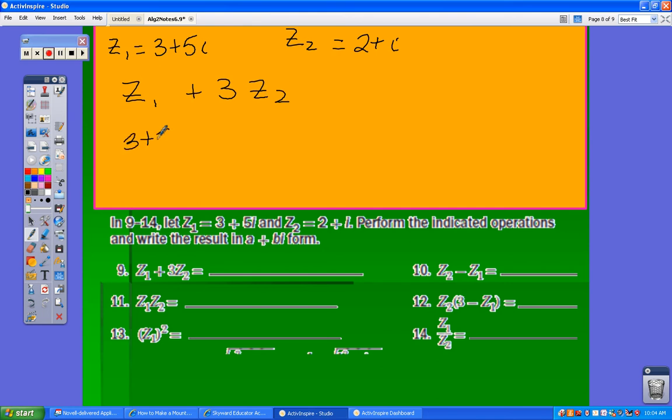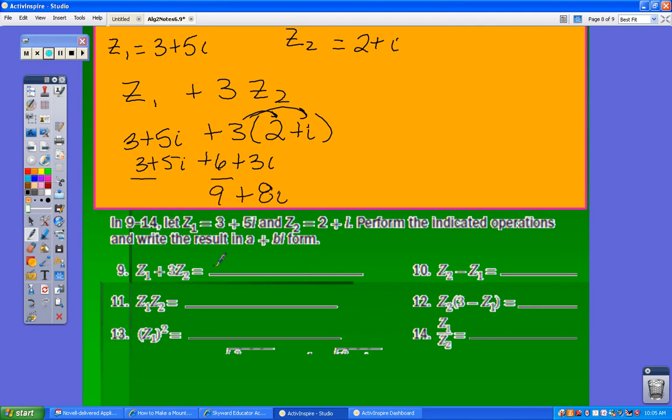3 plus 5i plus 3 times 2 plus i. Do it just like if those were x's. So this is 6 plus 3i, 3 plus 5i plus 6 plus 3i. Combine like terms, 9 plus 8i. This is not hard. Just substitution.